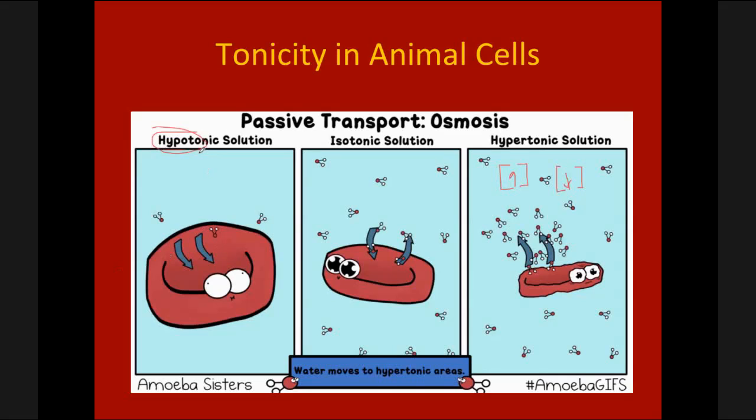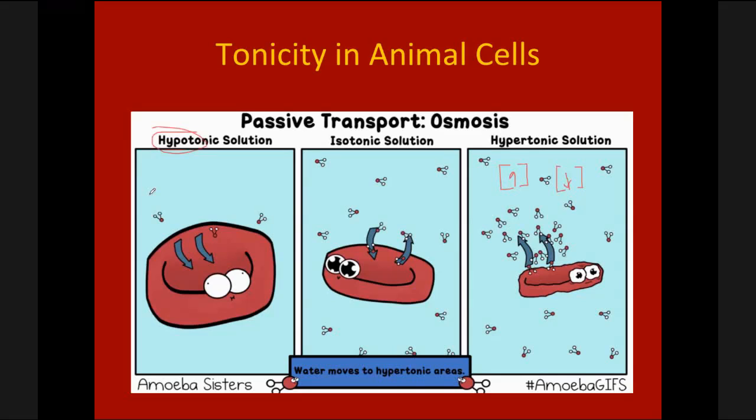Can you think of any way that we would make a hypotonic solution in our bodies? In our bloodstream? Maybe if you drink too much water. If you drink a lot of water really fast.